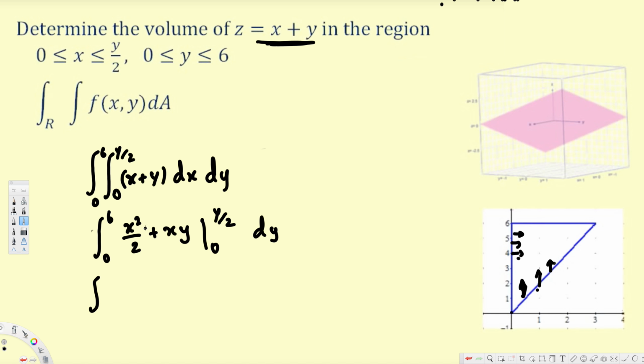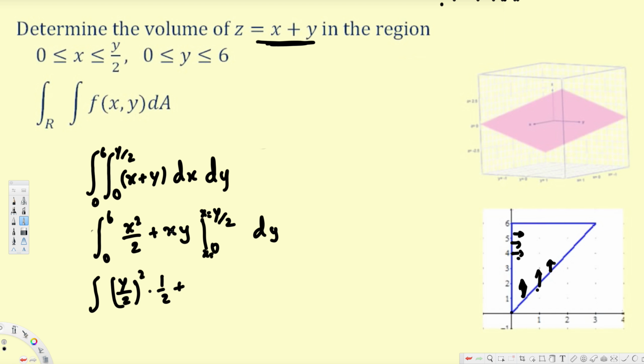Here we are going to plug y by 2 first. That's going to be y by 2 square times half, plus, instead of x we are plugging y by 2. It's always better to write x is equal to y by 2, because sometimes you might confuse with y, right? Sometimes you plug this value for y, so it's always better to write x is equal to y by 2, x is equal to 0.